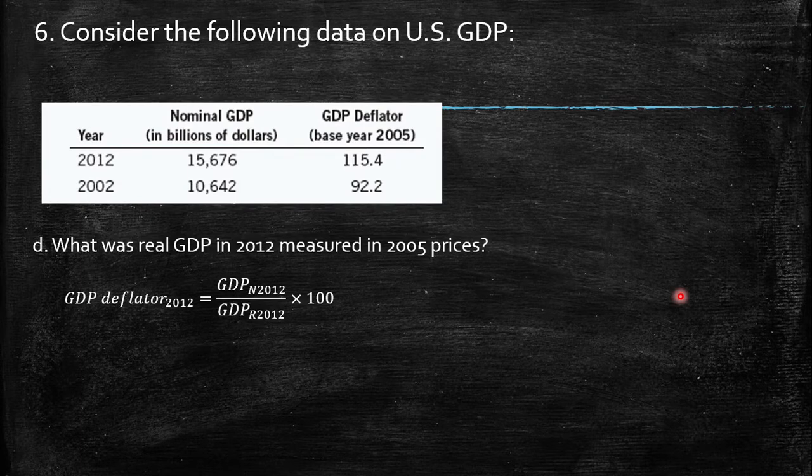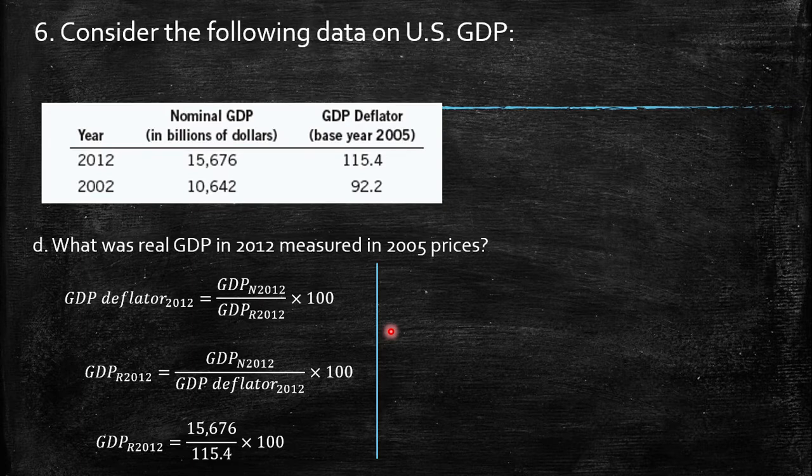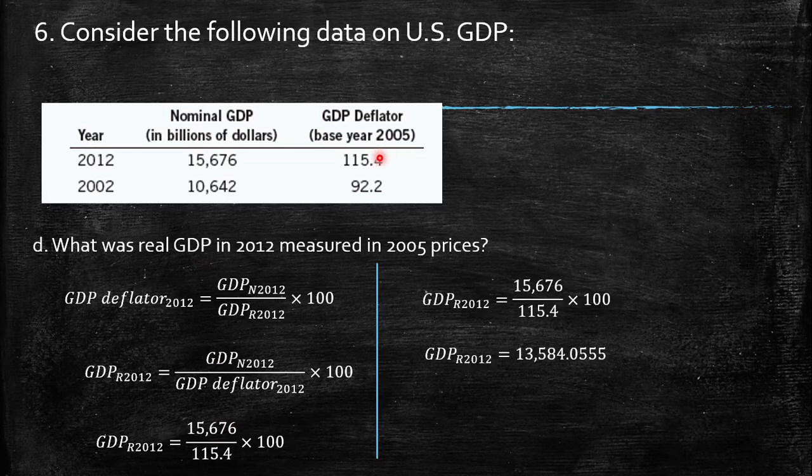Then what about 2012? It works exactly the same, just with the numbers of 2012, and then you replace 515,676, the value of the nominal GDP, over the GDP deflator, and then we have this value for GDP 2012, $13,584.